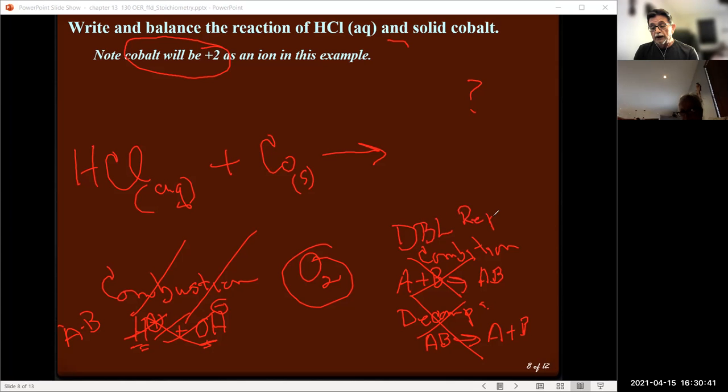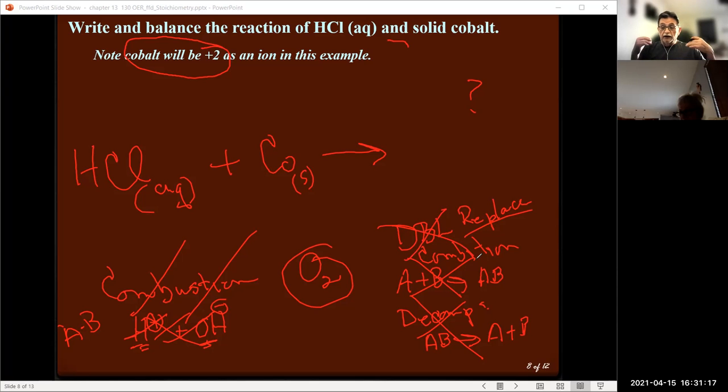If you recall, in the double replacement reaction, you will always have 2 reactants, which we do here. The other aspect is you always have 2 reactants that are in the aqueous phase. And furthermore, they're going to be ionic compounds. We don't have that. Only one of these is ionic, and that's hydrochloric acid. Cobalt's a solid. So the double replacement reaction, we can eliminate.